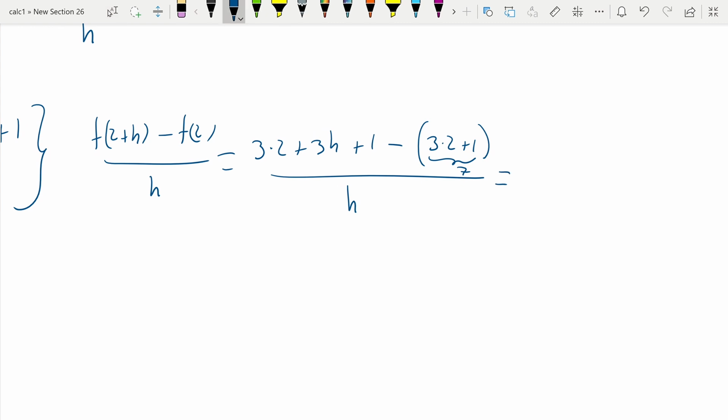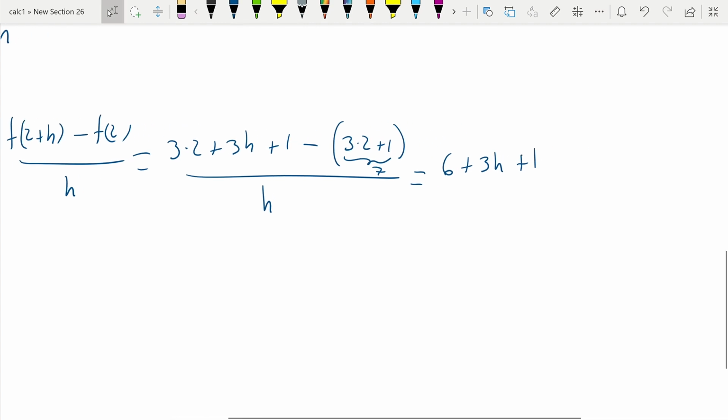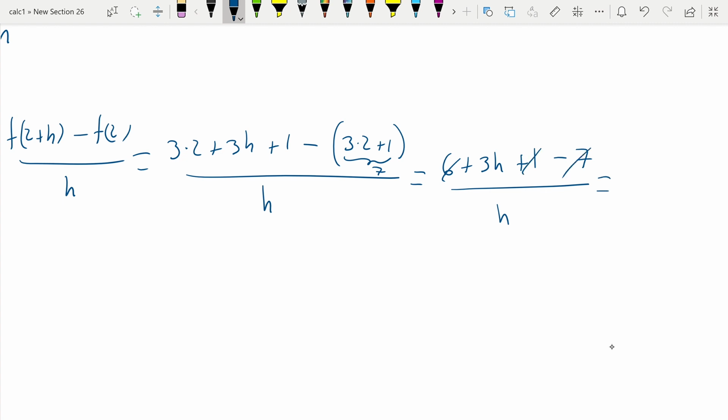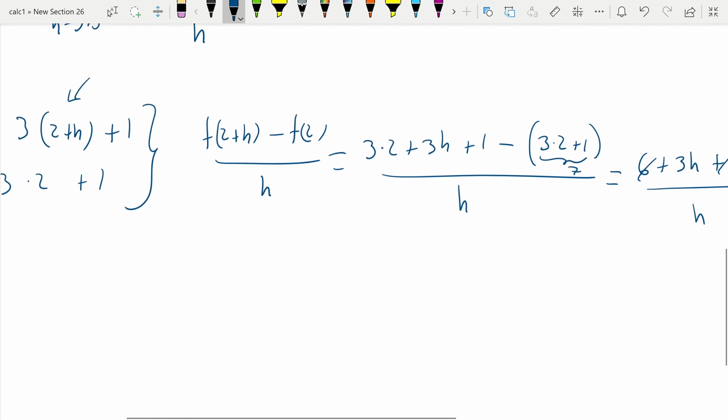But this is equal to 6 plus 3h plus 1 minus 7, all of that divided by h, right? So the 6 and the 1 and the 7 cancel out, and 3h divided by h is going to be 3 because we're taking the limit.